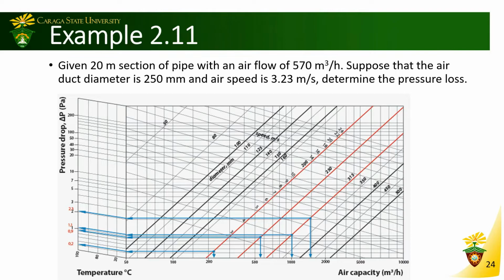Okay, airflow is 570, around this value. We're looking at the 250 millimeter diameter, which is this line, and airspeed is 3.23 meters per second. This is 3, this is 4, around this value.